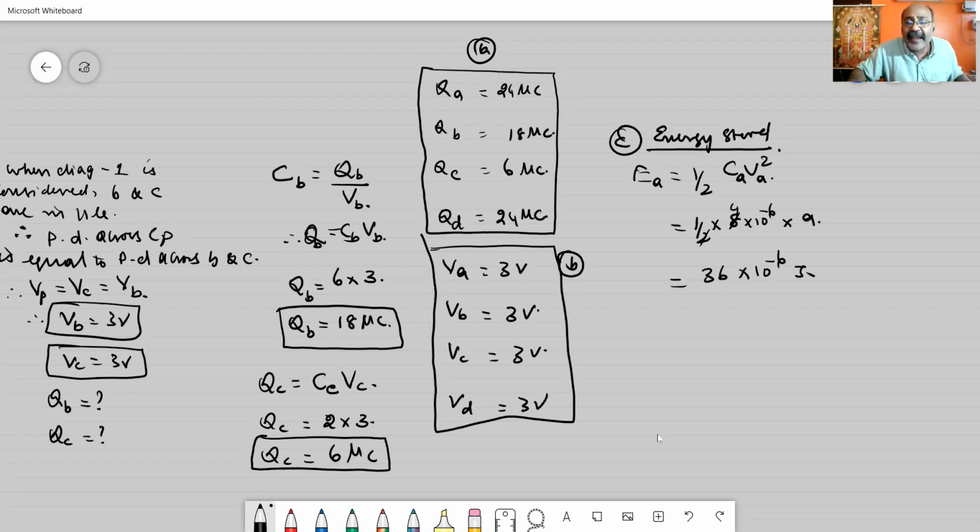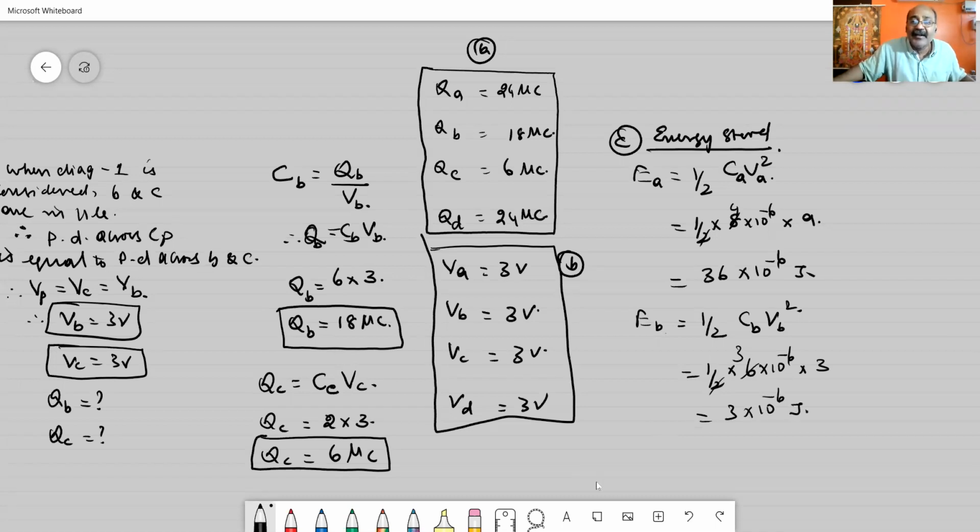Then energy for B is half into CB into VB square. What is CB? CB is 6 microfarad, 6 into 10 to the power of minus 6. VB is 3, V square is 9. When you are dividing, you will be getting 3, so 27 is wrong there, sorry; it is 3 into 10 to the power of minus 6 joule.